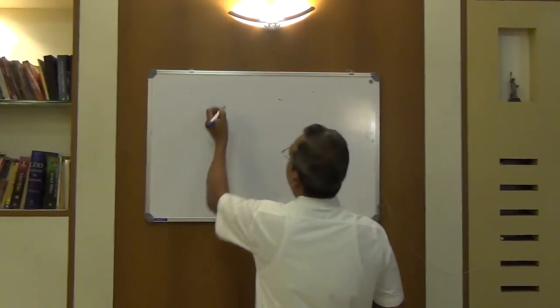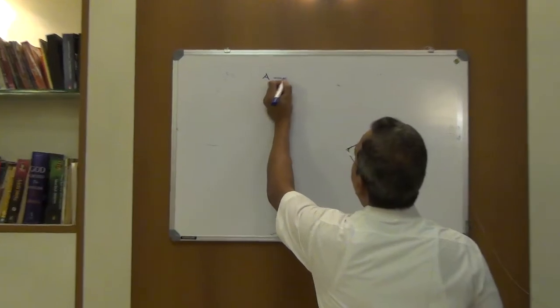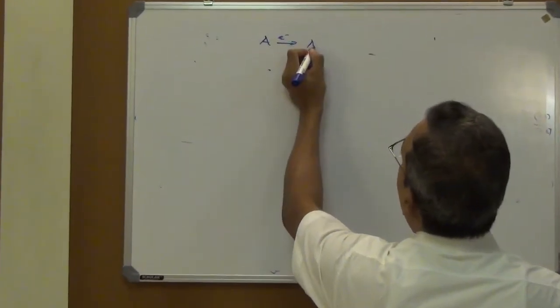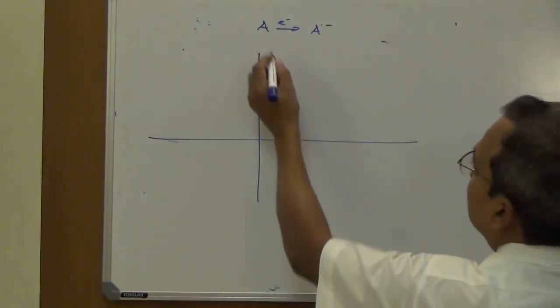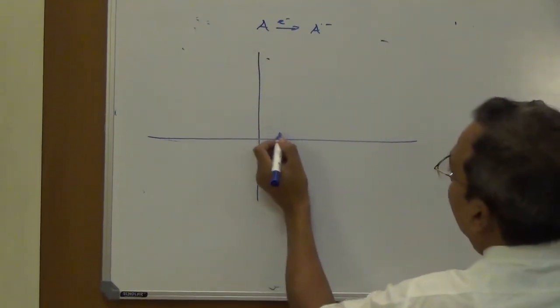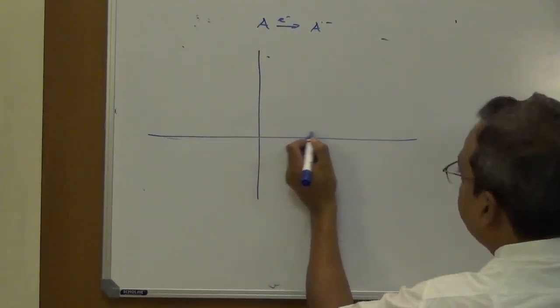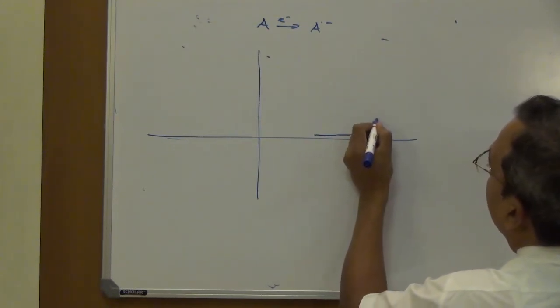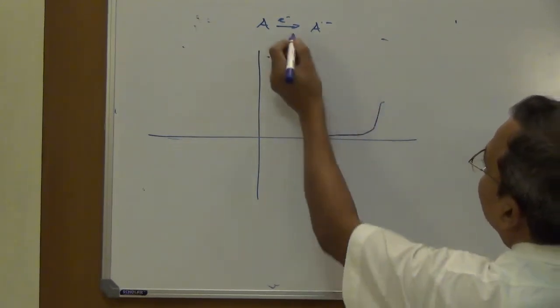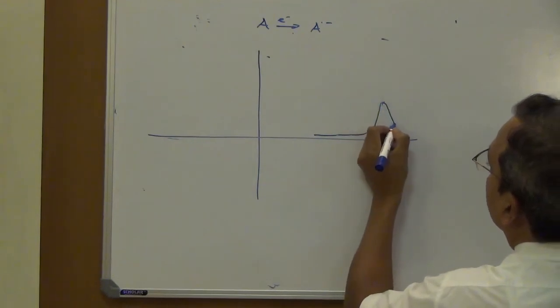Suppose my aromatic system, after accepting an electron, forms A dot minus. It is called an anion radical. If I record the cyclic voltammogram for such a system, I am applying negative bias, so my potential is increasing toward the negative side, and I get a peak for this electron transfer reaction.